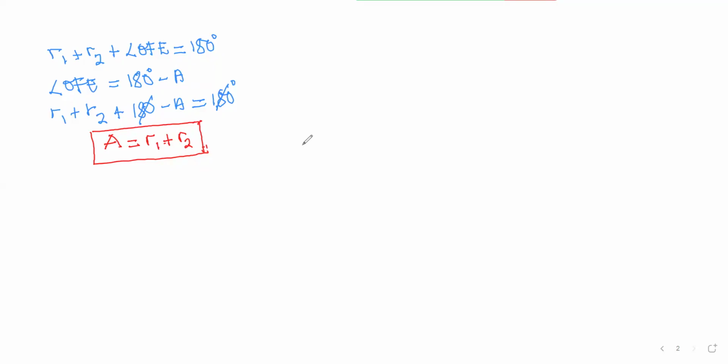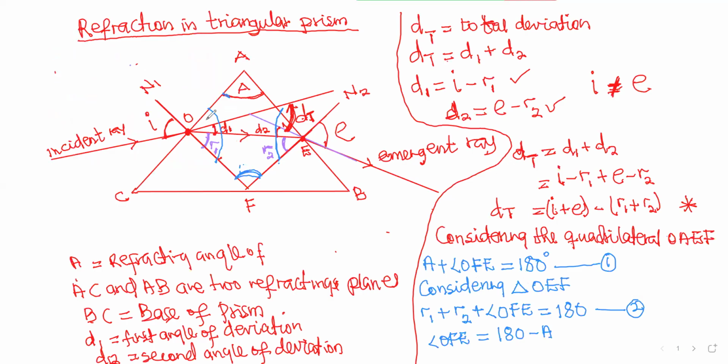Sir, I got disconnected when you were explaining. Okay, so let's go back. When we considered the quadrilateral OAEF, we saw that if this plus this is equal to 180, then the angle of the prism A plus angle OFE must also sum up to 180. The reason is that the sum of angles in a quadrilateral must be equal to 360.